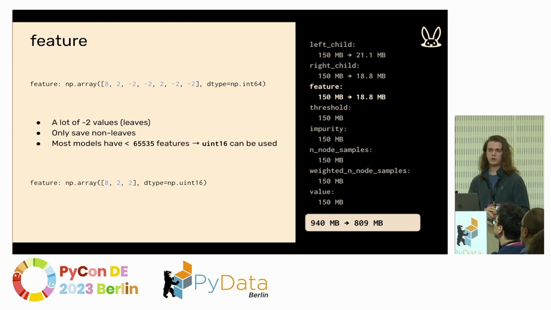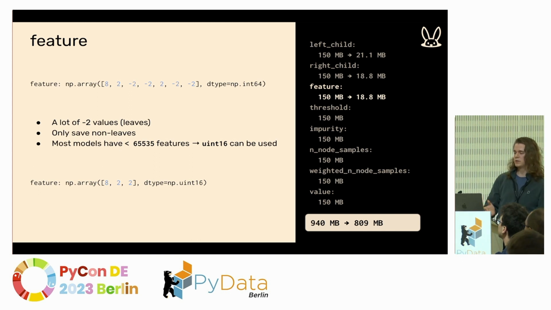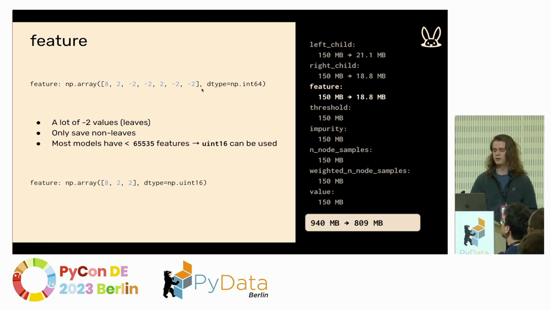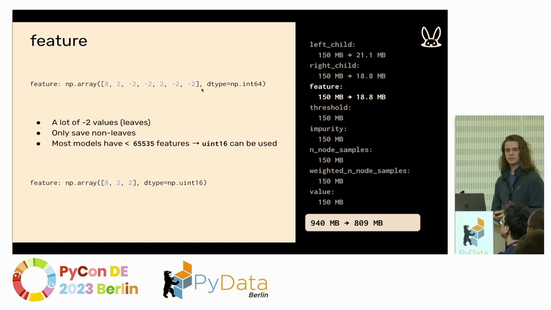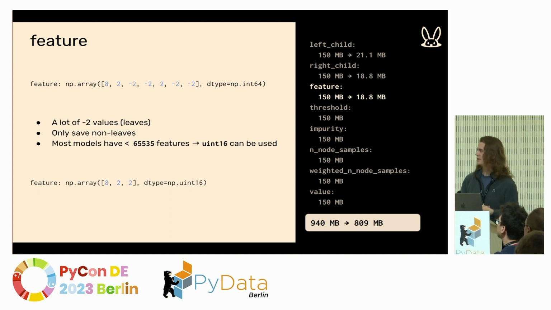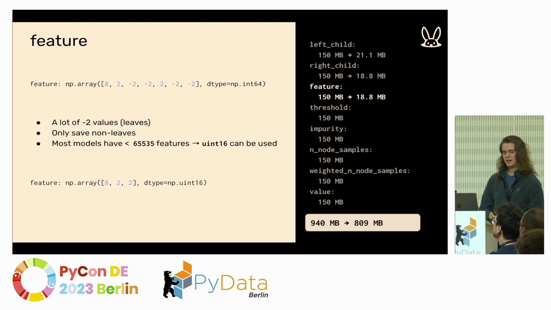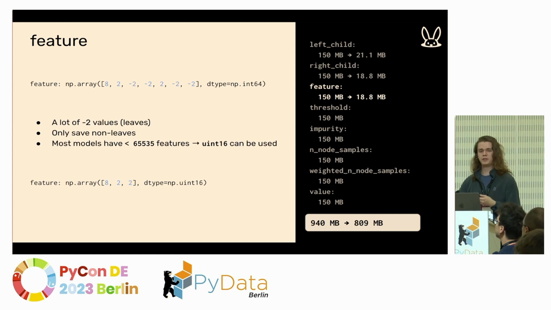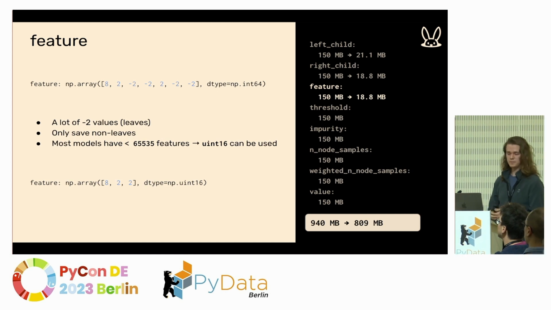Let's go further to the feature array. This is relatively similar to the isLeaf array. Here we can also see that we have a lot of -2 values for exactly the leaf indices, so these 4 here. Why they are exactly -2, I can't tell you. It's just how scikit-learn implemented it. But what's obvious is we can just omit them because we don't have to look at any features in leaves.